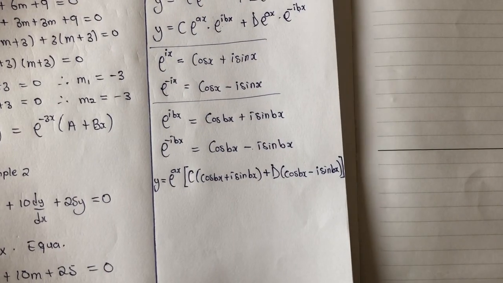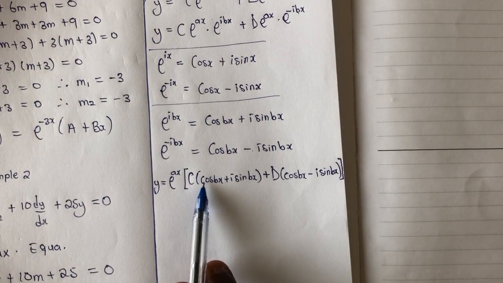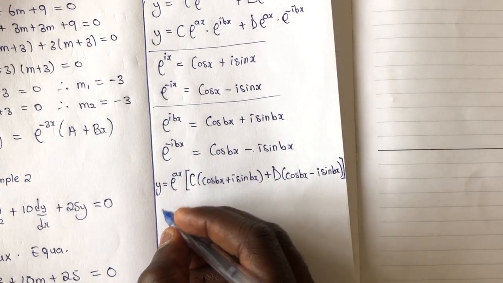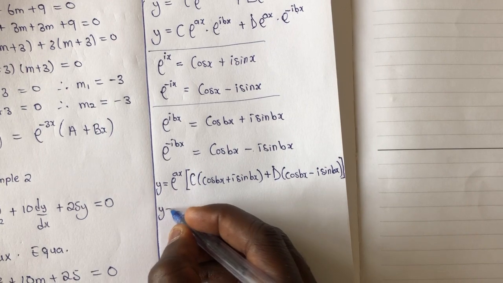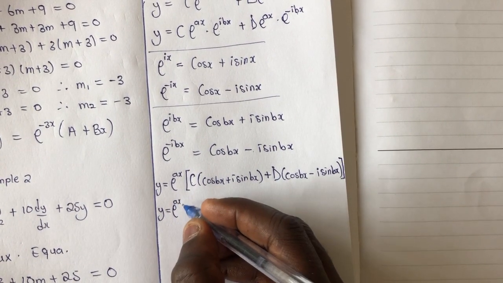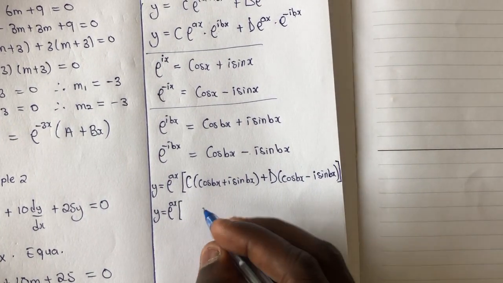Now, what is the next thing you can do? All you need to do is use c and d to multiply through. So I have y equals e raised to the power ax into bracket.